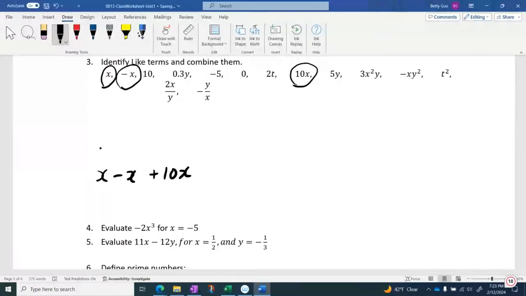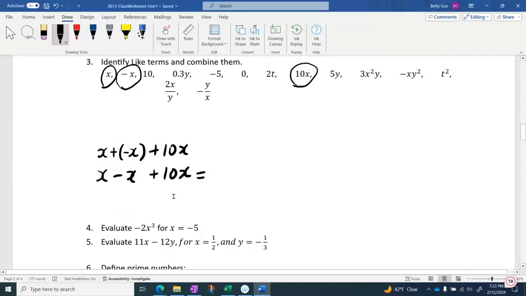So basically, we have x plus -x plus 10x. Remember the rule of combining like terms? We combine like terms by combining their coefficients. Let's see what's the coefficient of the first term, the second term, and the third term.